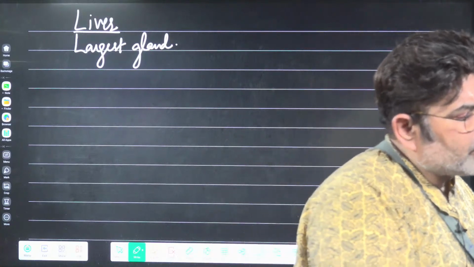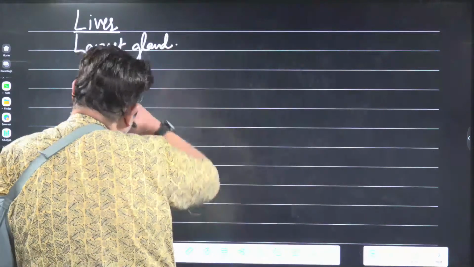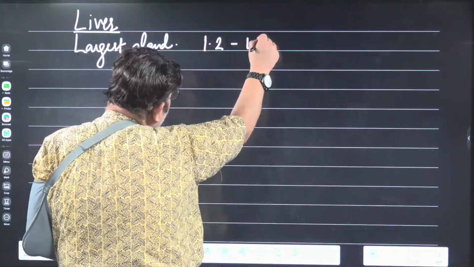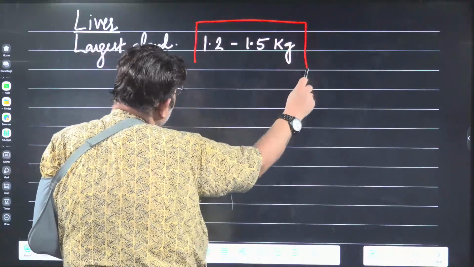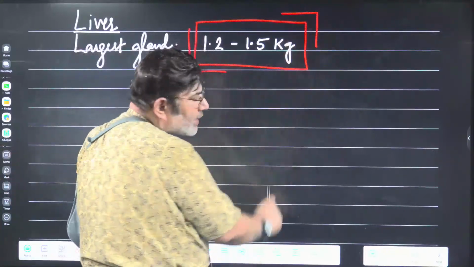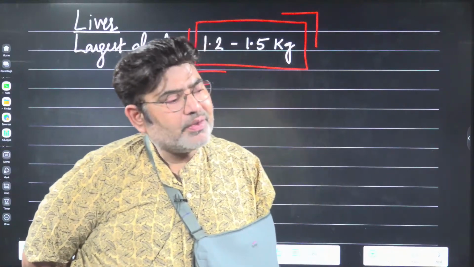Yes, it is about 1.2 to 1.5 kilogram. I think the textbook has given this. Can you please check the value in the textbook? 1.2 to 1.5 kilogram in weight.